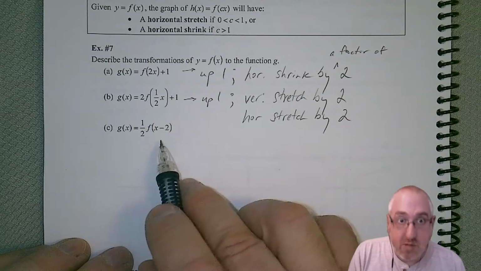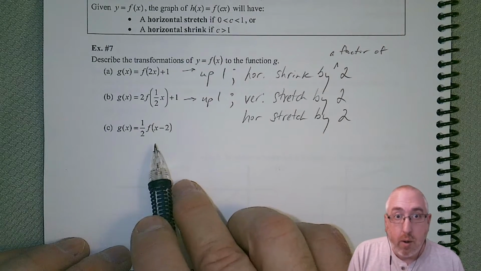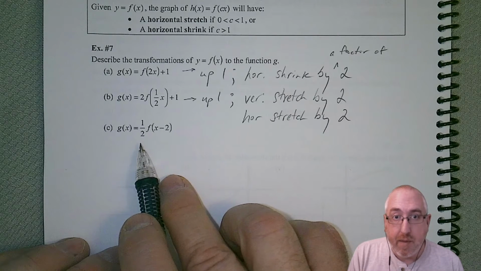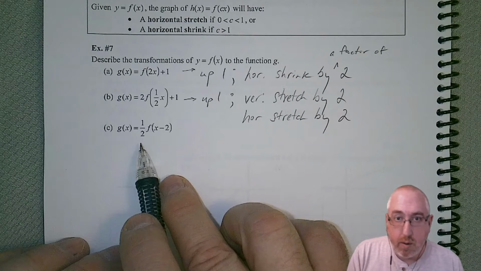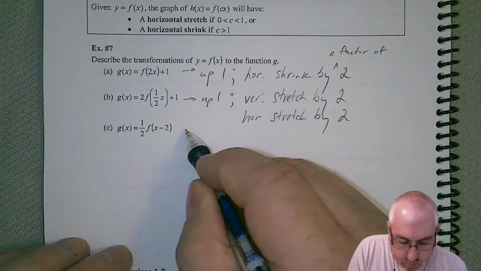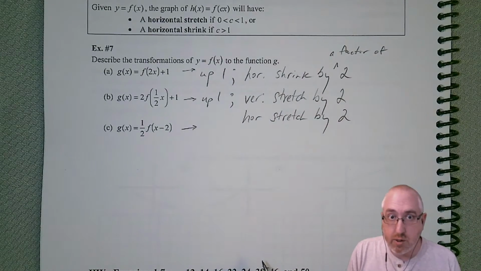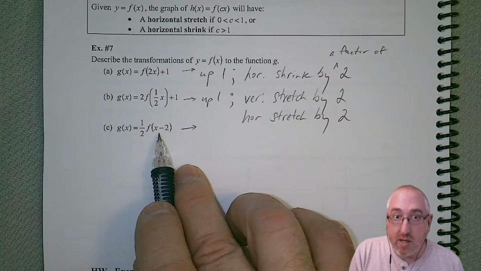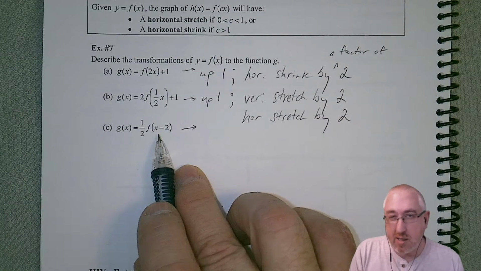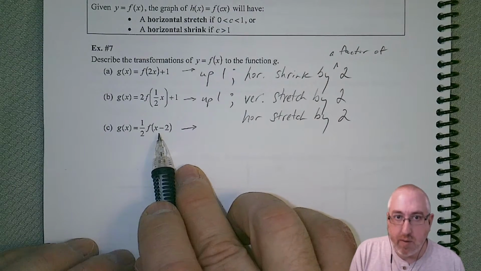And then we have our last one. So what do you think for that? A half is in front, so that's going to be a vertical distortion. And we have the -2 on the inside, so let's take care of that first. Which way is that going to shift it?